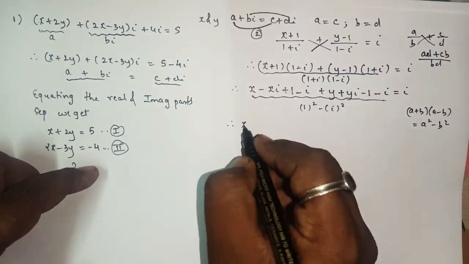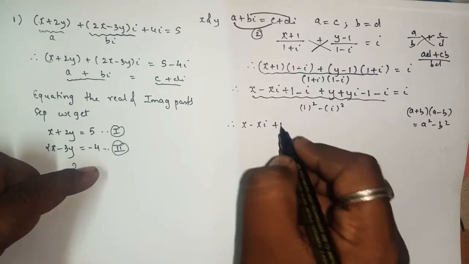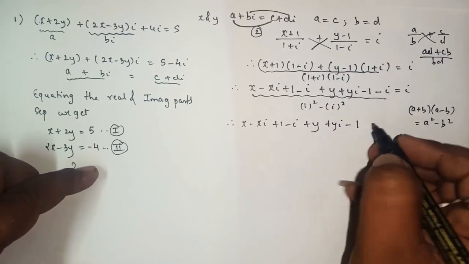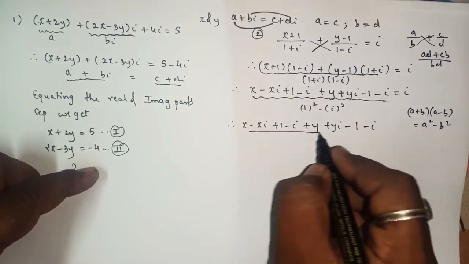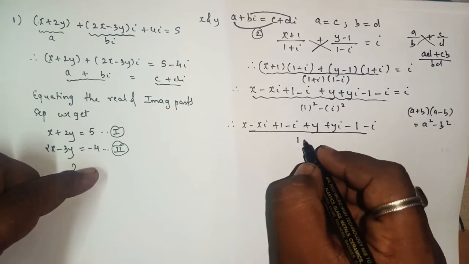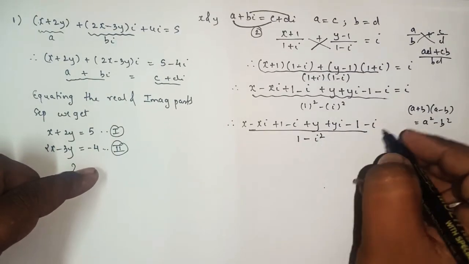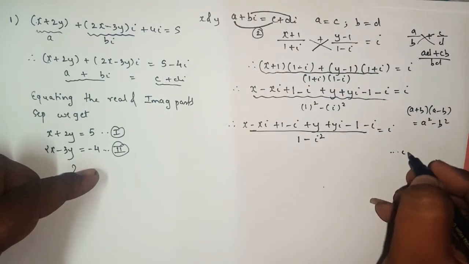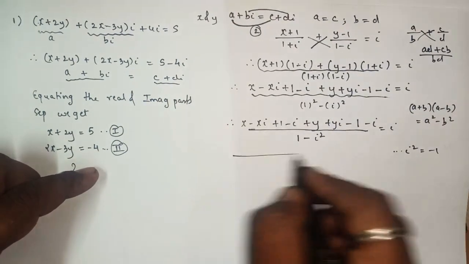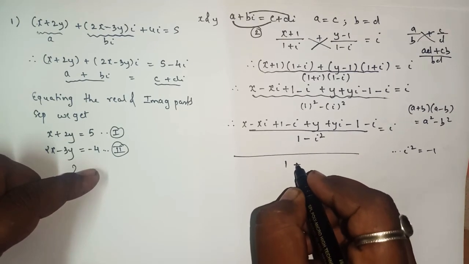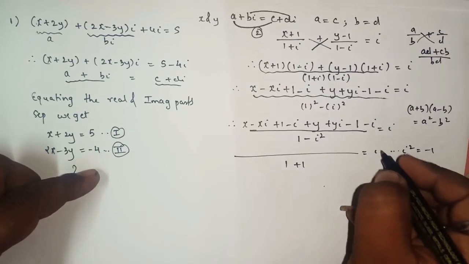So therefore x minus xi plus 1 minus i plus y plus yi minus 1 minus i upon 1 square is 1, minus i square is what, minus 1. We know that i square is minus 1. So in the next step, in place of i square we'll write minus 1, so that minus and this minus will get 1 plus 1, yes or no.